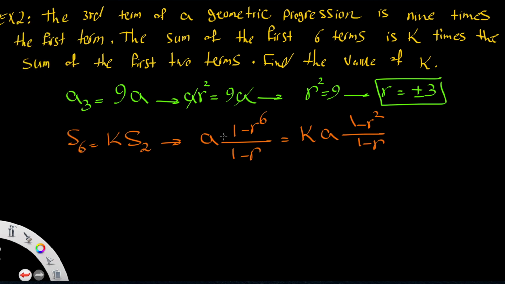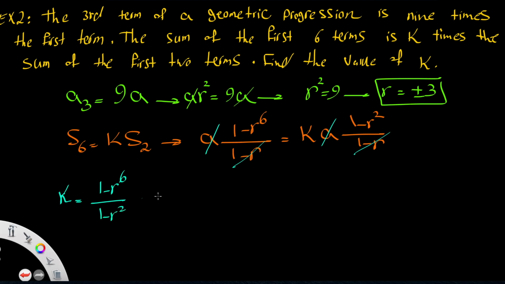I can cancel out a from both sides, and 1 minus r as well, so k will be equal to 1 minus r to the power of 6 over 1 minus r squared.